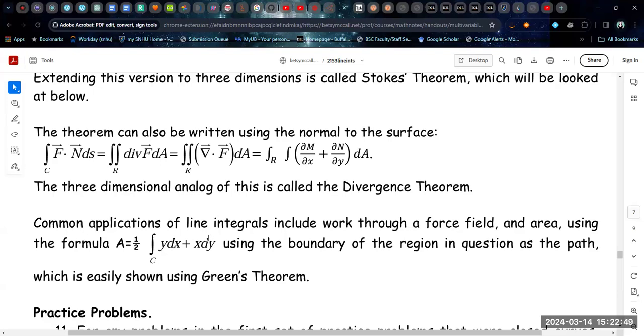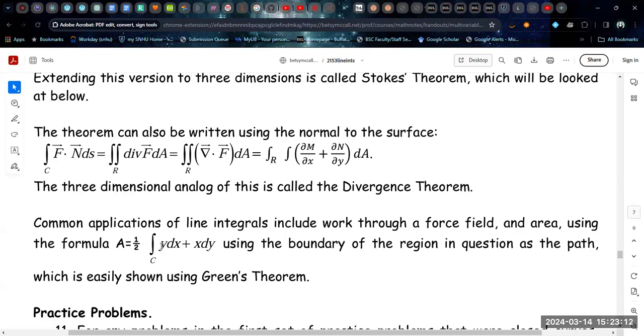Application of calculating the area bounded by a line integral. Calculating the area using a line integral will sometimes give you this formula, where the area is 1/2 the integral of y dx plus x dy, using the boundary of the region in question as the path.